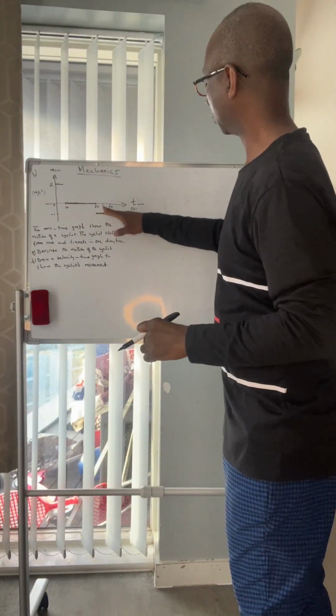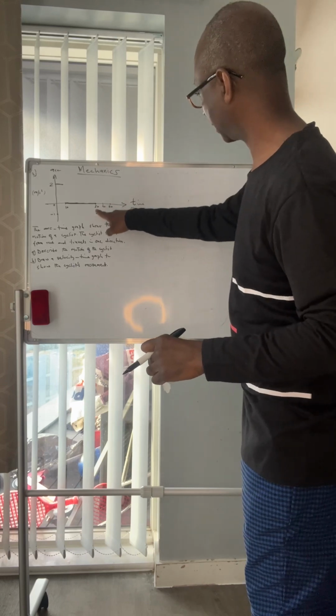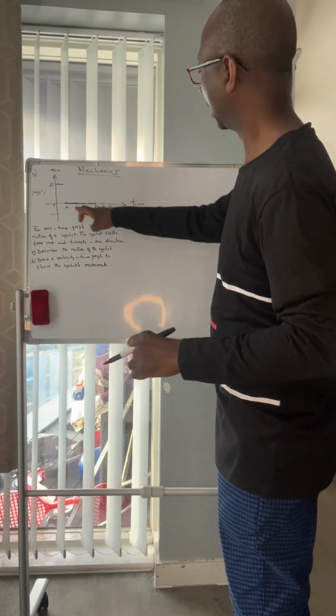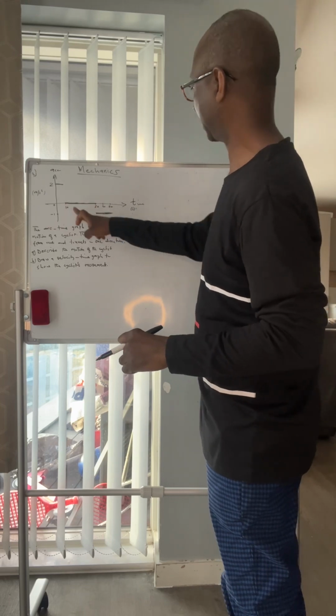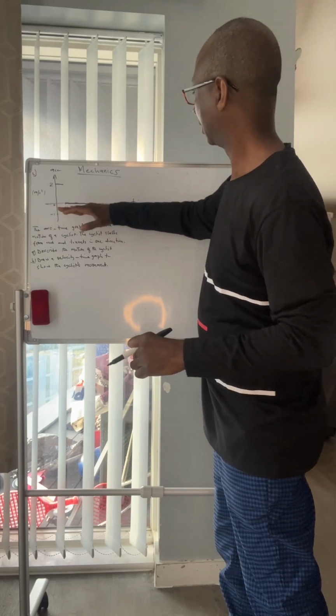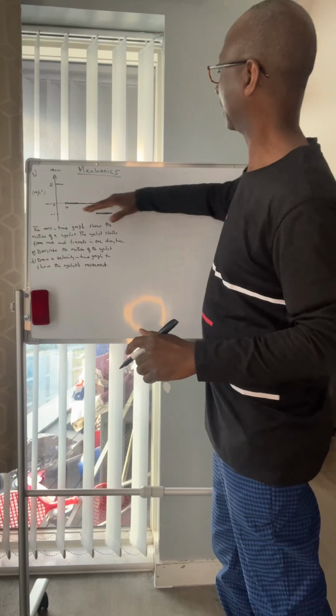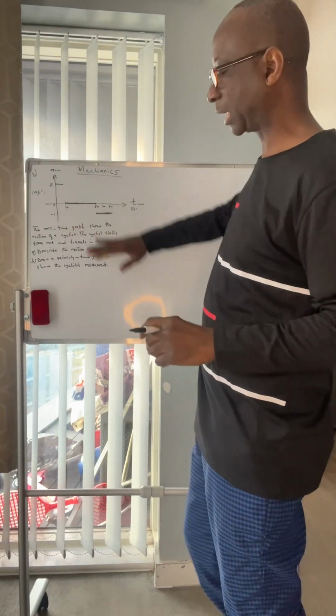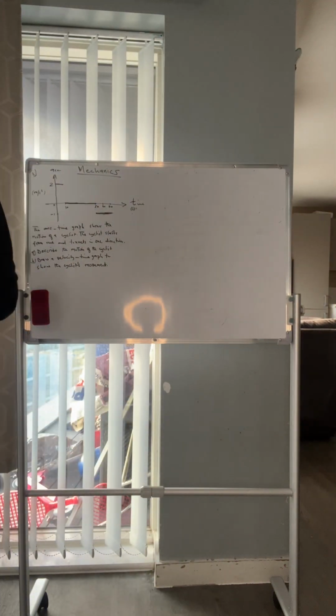Now for 20 seconds, 50 to 70, he was reducing his speed. And from 10 to 50, we can see his motion was on the x-axis. So it means his acceleration here was constant. It was not accelerating. That's why his acceleration here is 0.